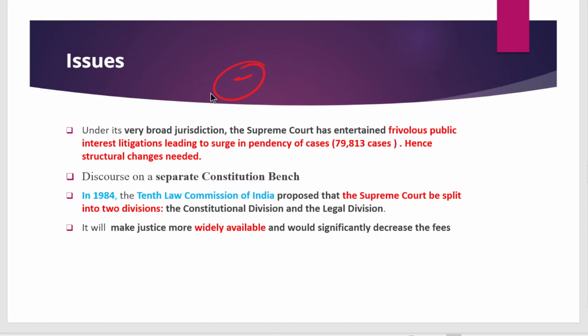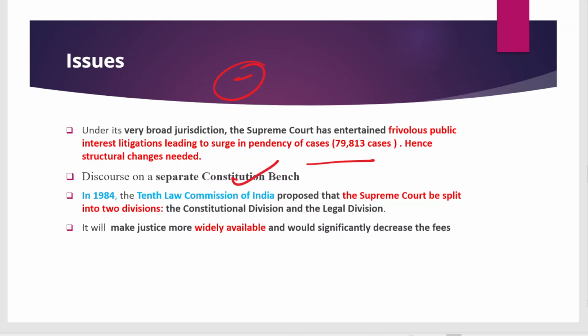But this led to over-filing of PILs, and even frivolous PILs get filed. This increases the pendency of the cases. And you know that from the data, we have about 79,813 cases as pendency.